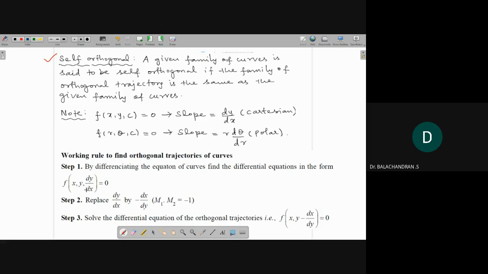Then replace dy by dx by minus dx by dy, that is m1 into m2 equal to minus 1. Then solve the differential equation of the orthogonal trajectories. So these are the three steps.